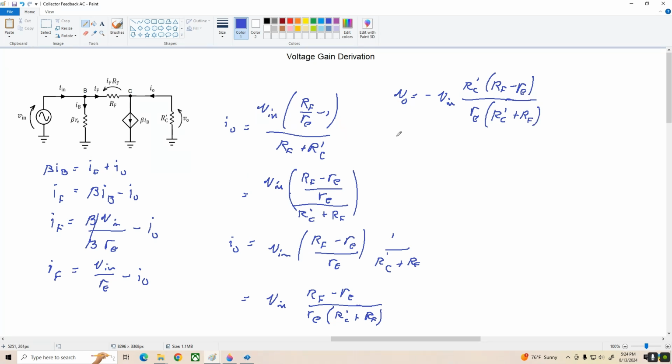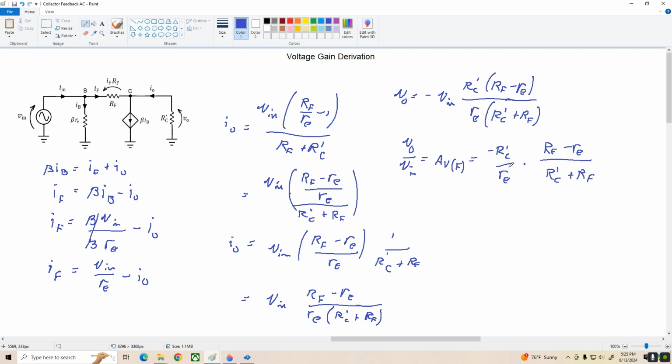Okay, now we're really close to the end here. Remember, the voltage gain is V out over V in, so V out over V in is AV, and let's call it AV with feedback, and that's equal to negative R prime C over little re times RF minus little re divided by R prime C plus RF.